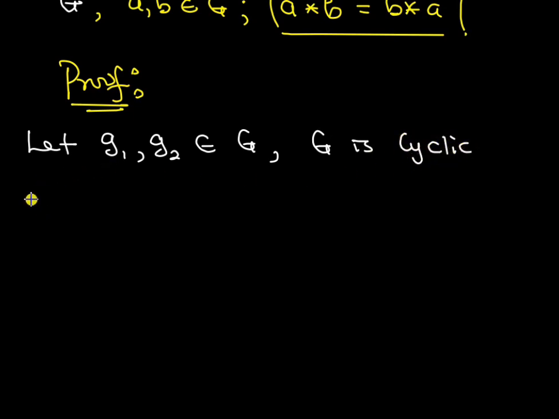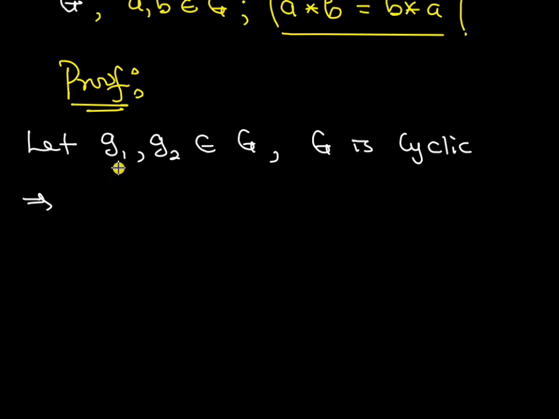Alright, so now whenever we prove in abstract mathematics, you prove with the information you're given. So we have two pieces of information here. One is that these two elements are in G and G is cyclic. Okay, so let's try to show that this is now abelian.